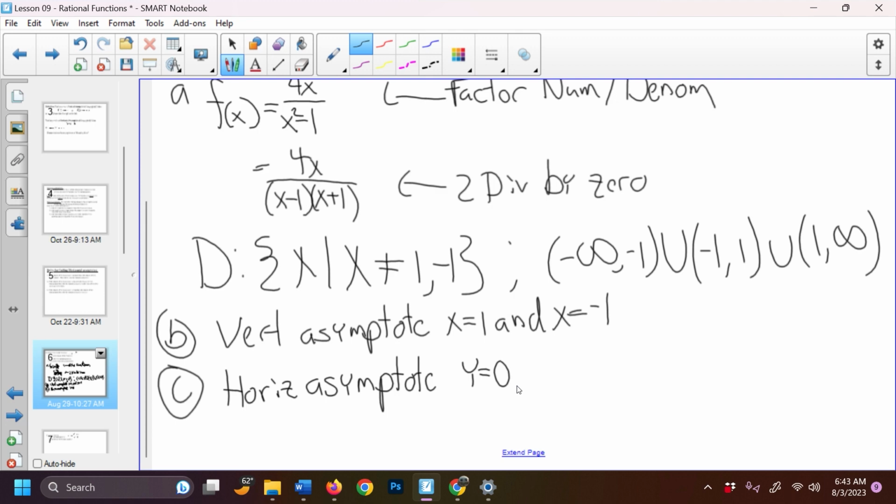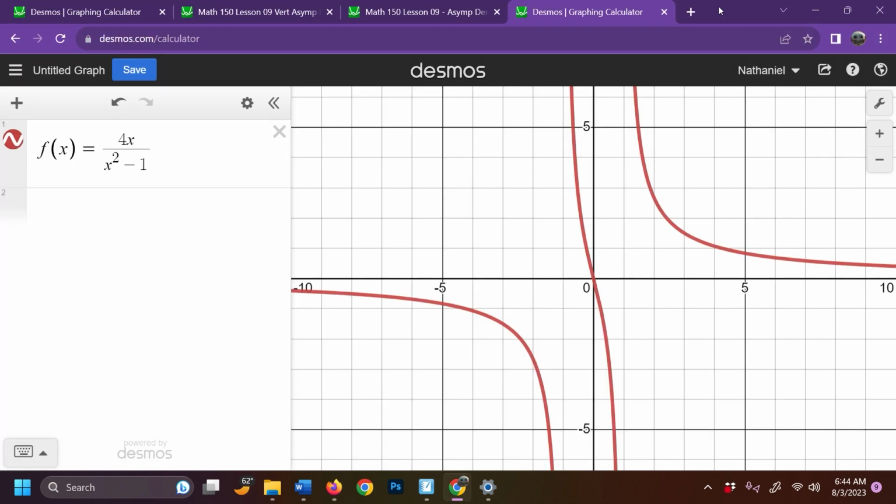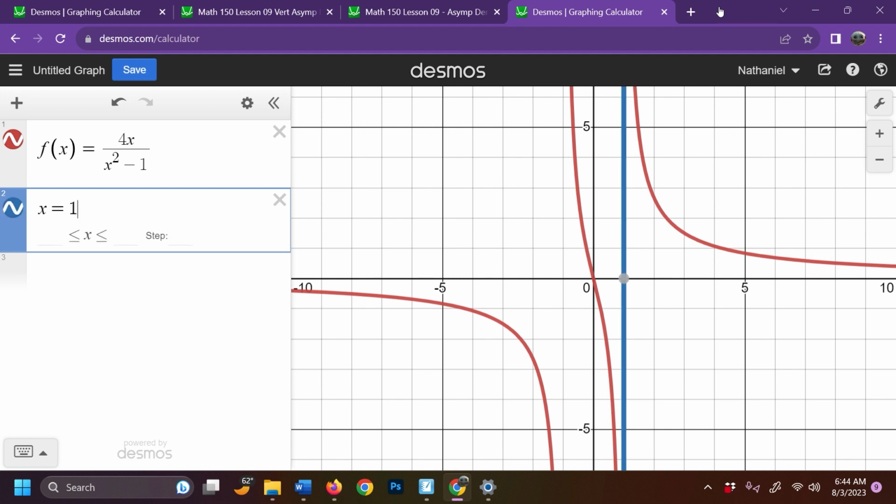Now if we go to Desmos and plug this in, you will see that all of these values are true. Here I have the function plugged in, 4x over x squared minus 1. If I type in x is equal to 1, I have a vertical asymptote, and it does look like they have that vertical asymptote.